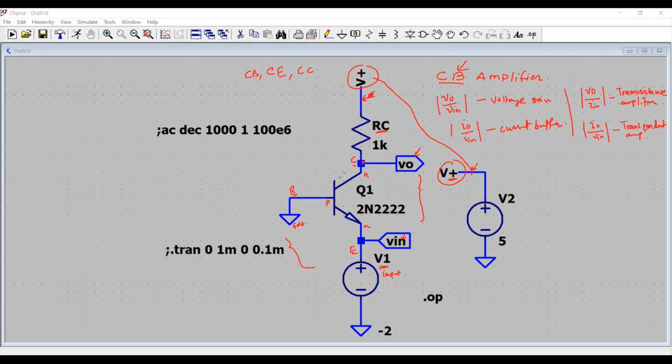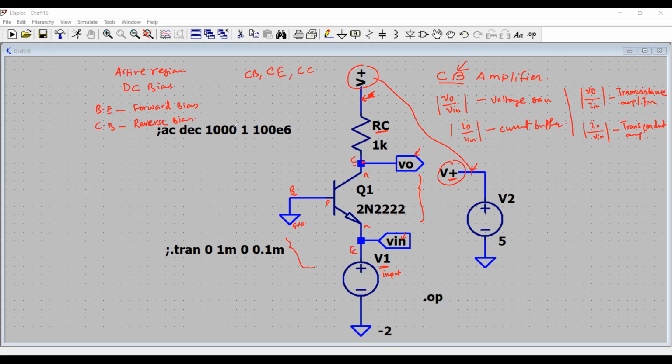Now, if I want to use the BJT or transistor in the active region, I need to provide DC biasing. For that, I need to ensure the base-emitter junction of the transistor is forward biased and the collector-to-base junction of the transistor is reverse biased.